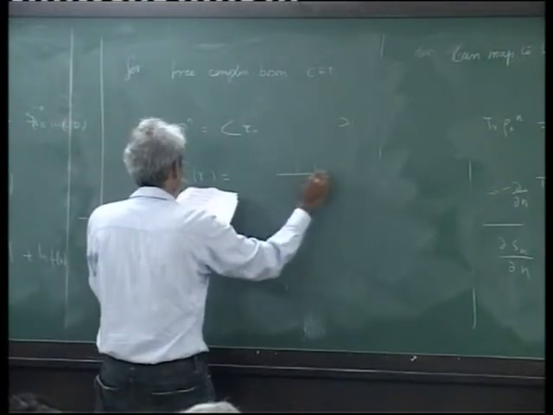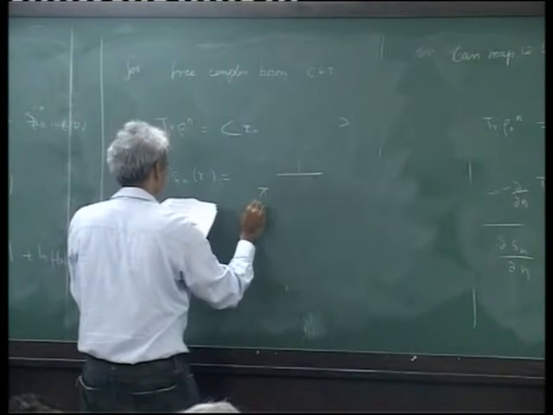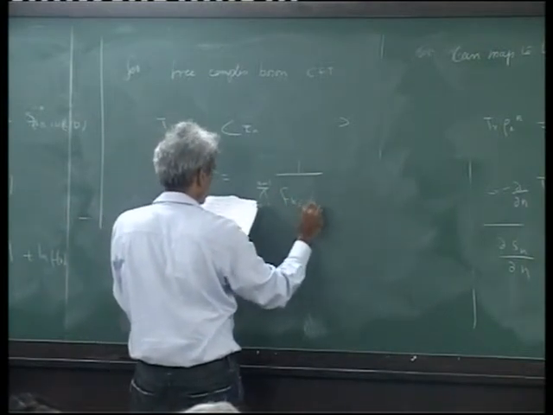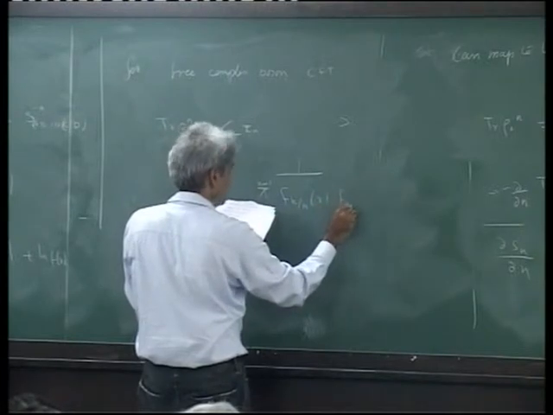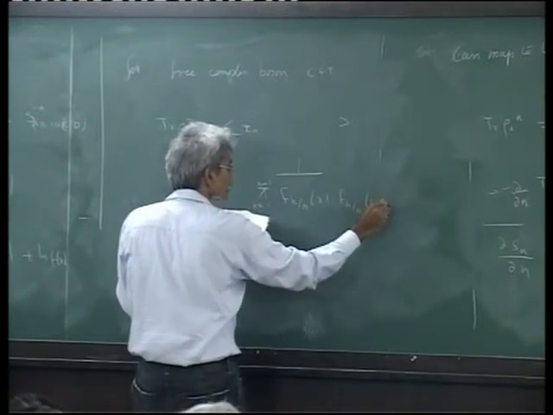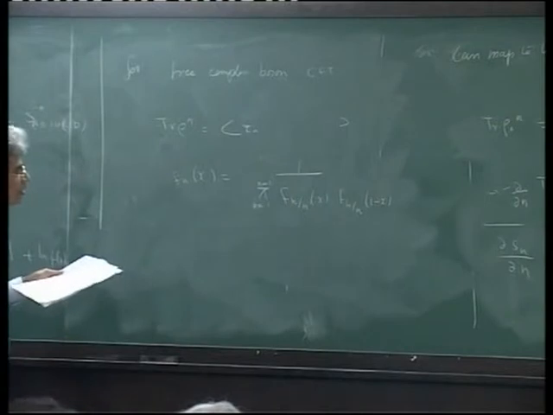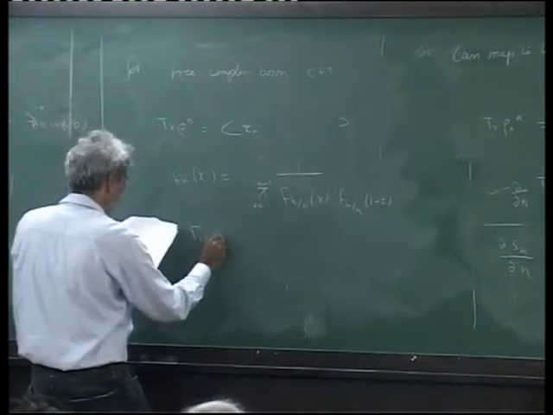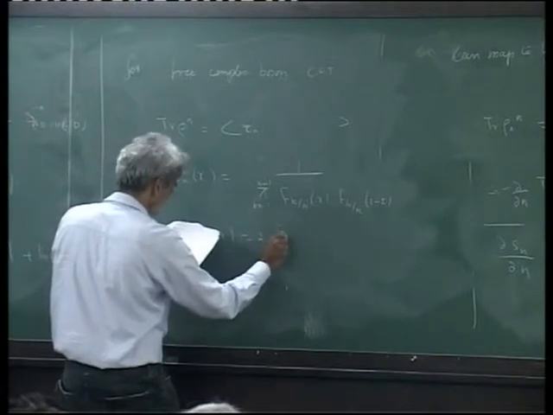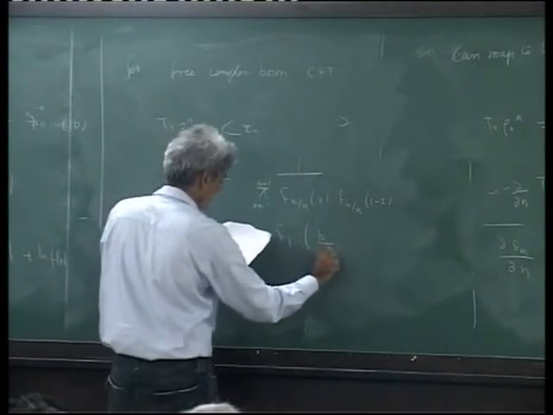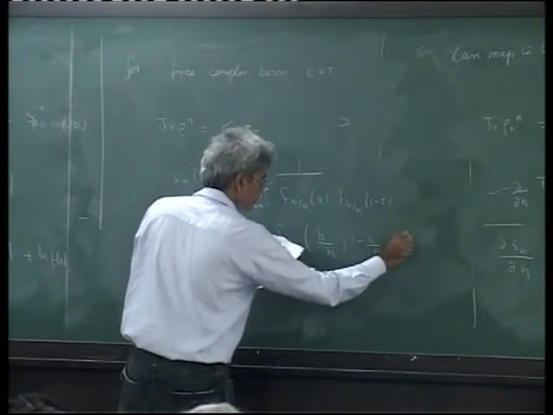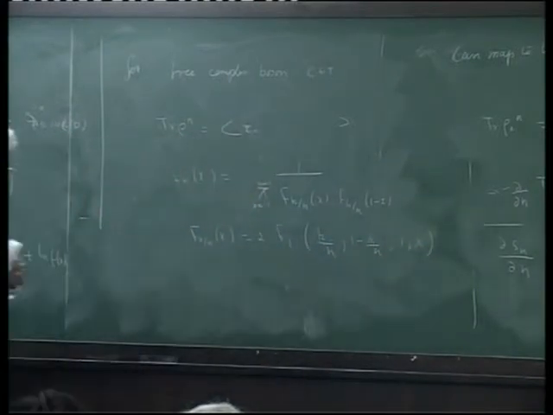It's basically some hypergeometric function. You can see the symmetry of x going to 1 minus x here. So f_n(x) is this, and f_kn(x) is this hypergeometric function. So that's the answer for this.